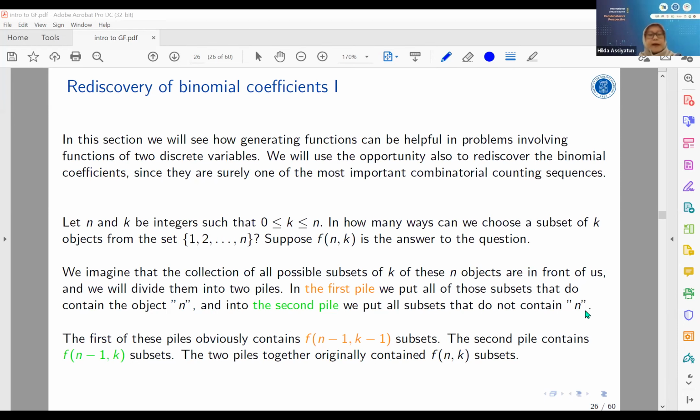Now we will count these subsets by distinguishing whether they belong to the first pile or the second one. If you look at the first pile, it obviously contains f of n-1, k-1 subsets. Is it right?